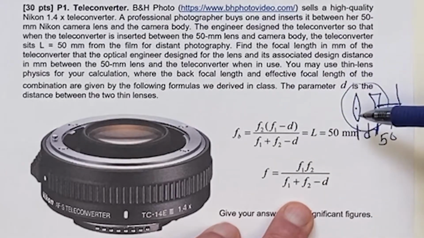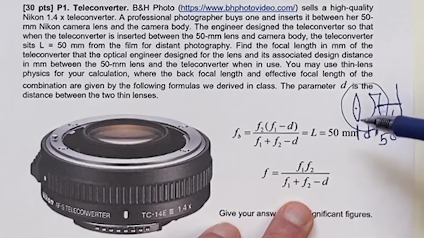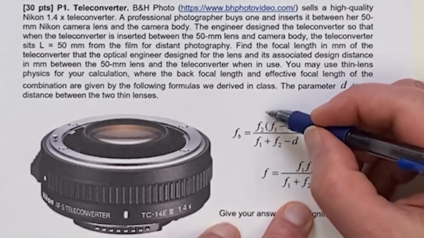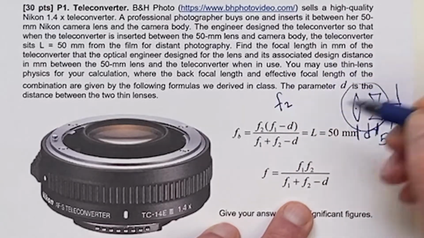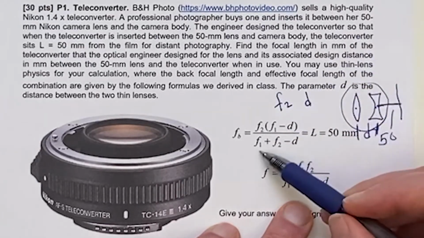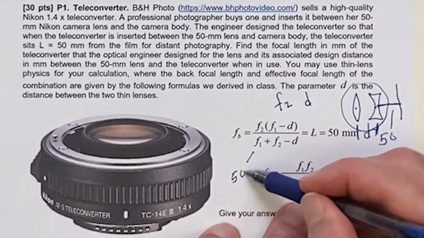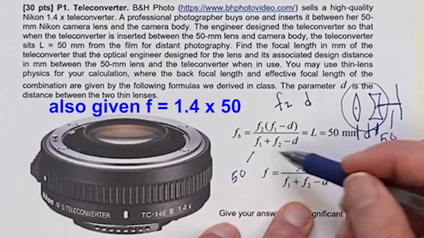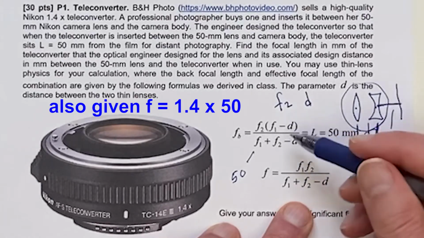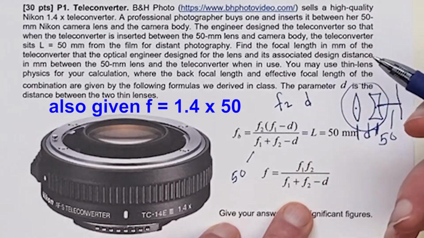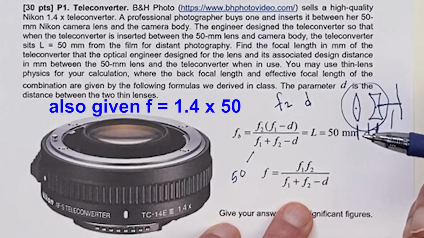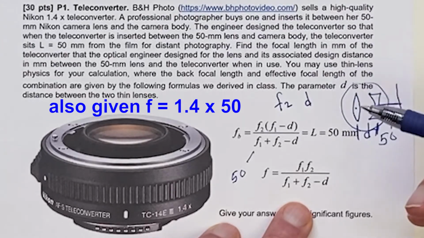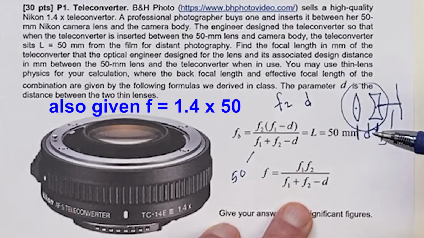So what we're asked to do is solve for the focal length of the second lens, the f2, and the D, because we know the f1 is going to be the 50, and the only two things that are missing here would be the f2 and the D. So you're basically looking at two equations that have two unknowns. That's what you're looking at.